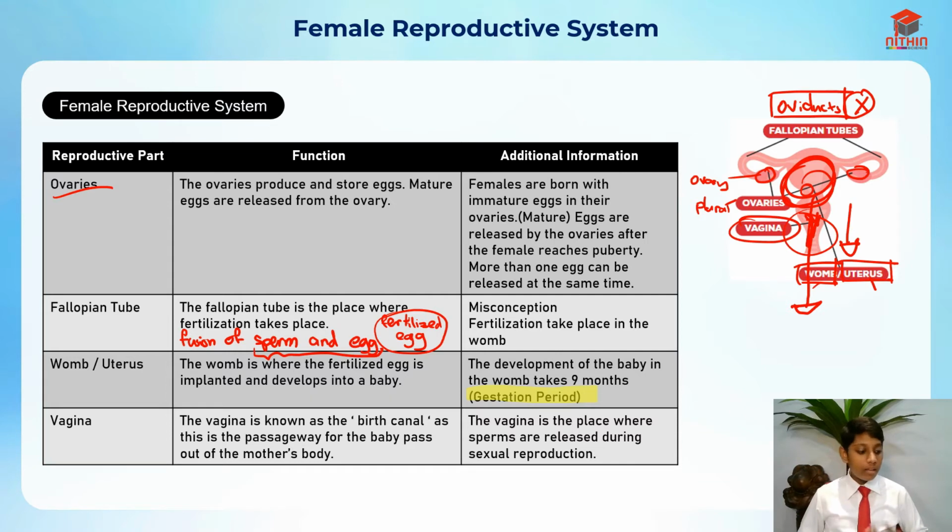You don't need to know about this cesarean. I'm just telling you additional information that it's not an everyday scenario where the baby comes from the vagina. It's not always happening. Okay, so now let's move on to the next one.